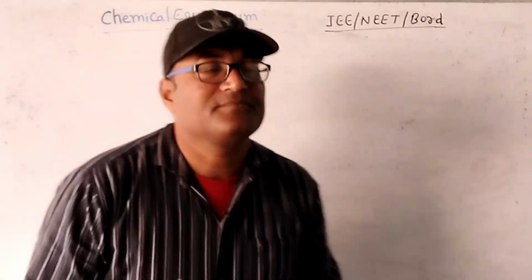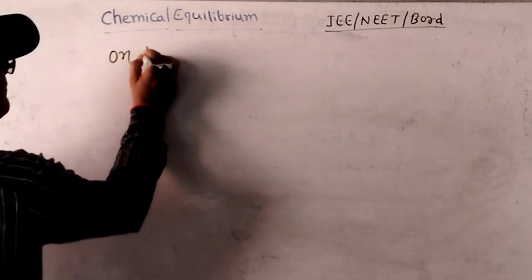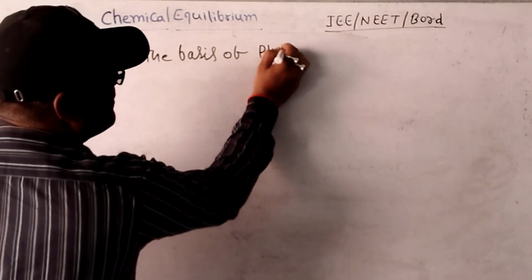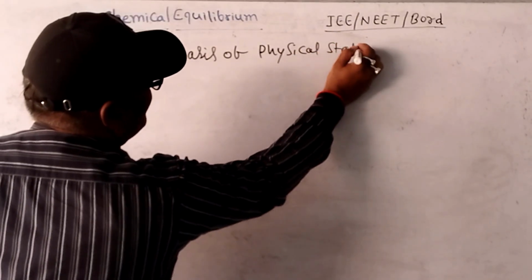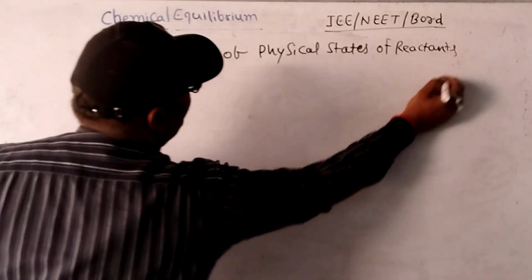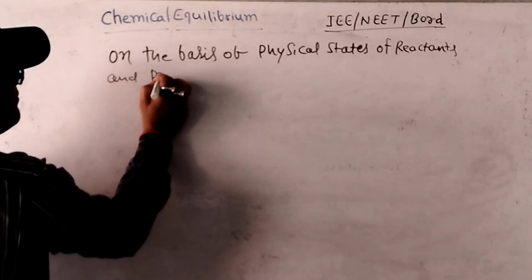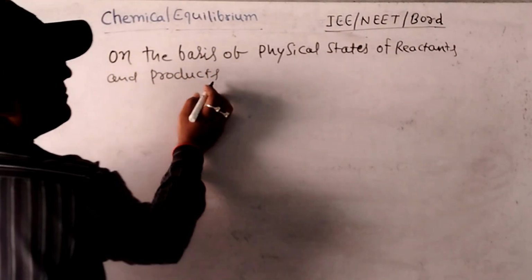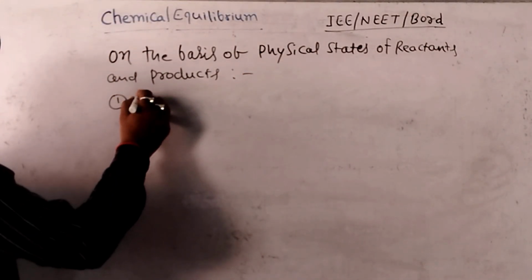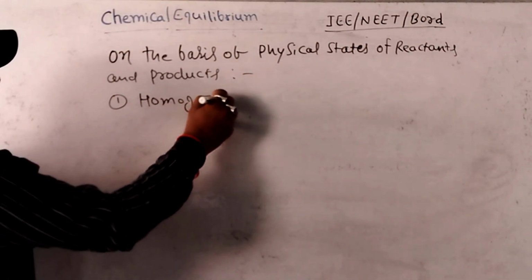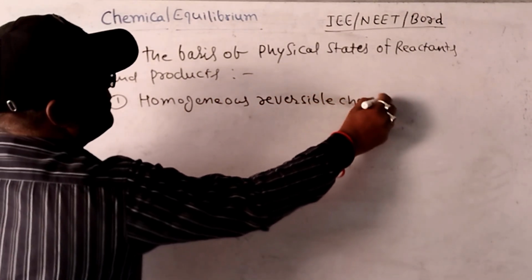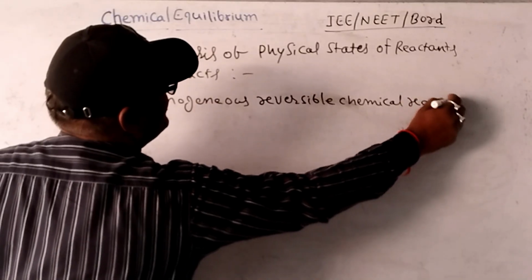Watch my video carefully. Now, on the basis of physical states of reactants and products, there are two types of chemical reactions. First is homogeneous reversible chemical reaction.